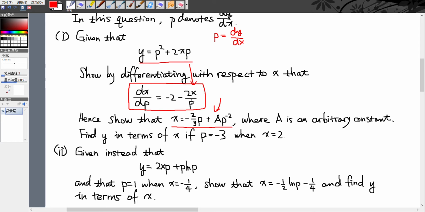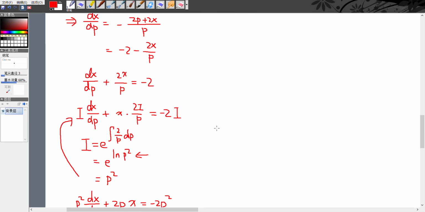Okay, so we want to find y in terms of x, and if we want to do that, we firstly need to find the value of our a.